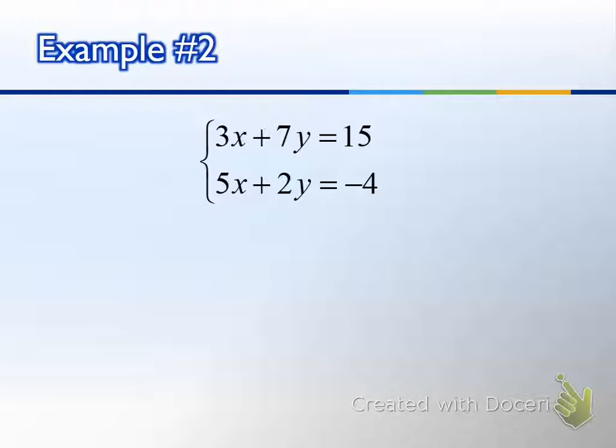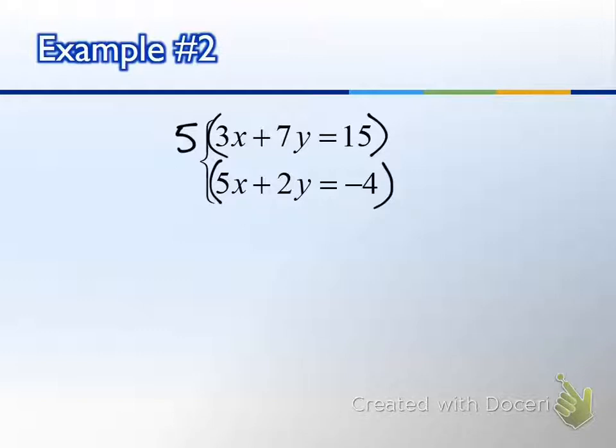So if we want to eliminate x, we need these coefficients to be opposites of each other. Jacob, what should I multiply the top equation by? 5. Okay, if I multiply the top equation by 5, can someone else tell me what I should multiply the bottom equation by?